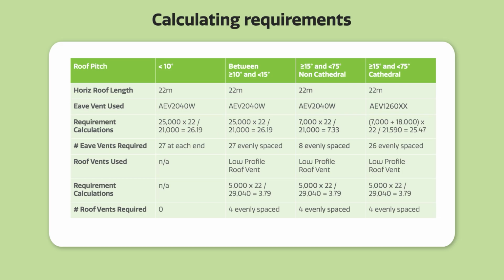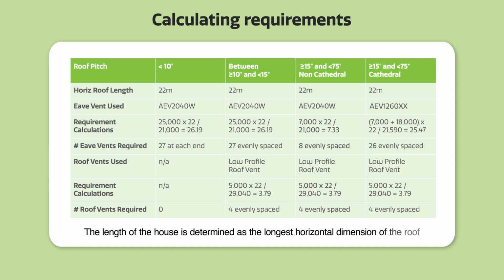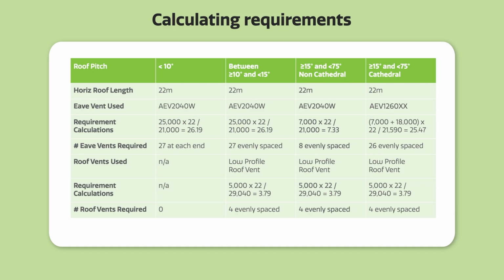The second stage is to determine the length of the house. As per the table notes, the length of the house is determined as the longest horizontal dimension of the roof. The third stage is to determine the pitch of the roof. There are different requirements depending on whether the pitch is under 10 degrees, between 10 and 15 degrees, or over 15 degrees. Finally, confirm whether the roof has a cathedral ceiling or not.